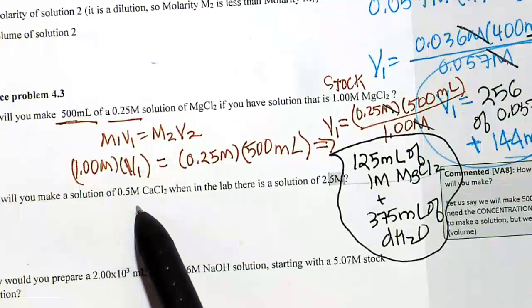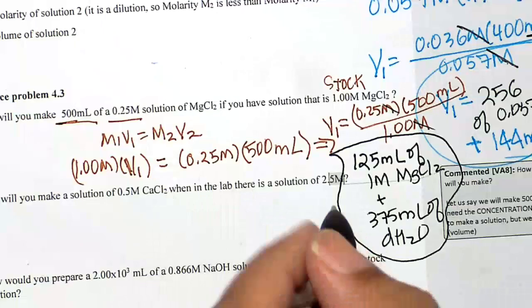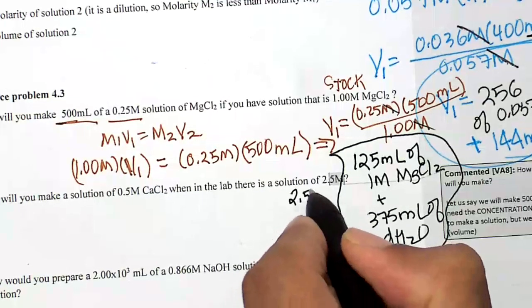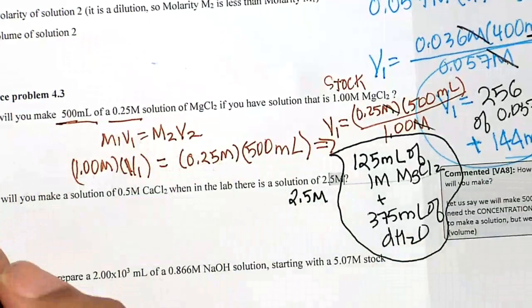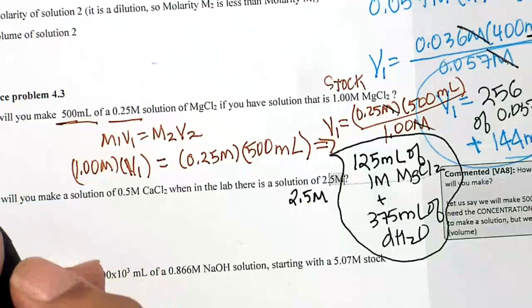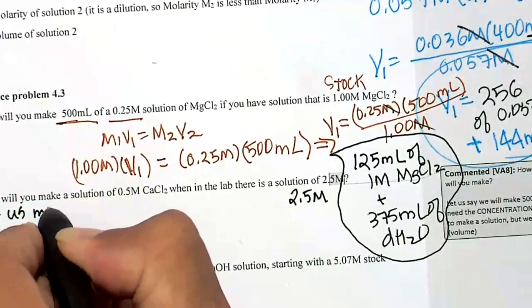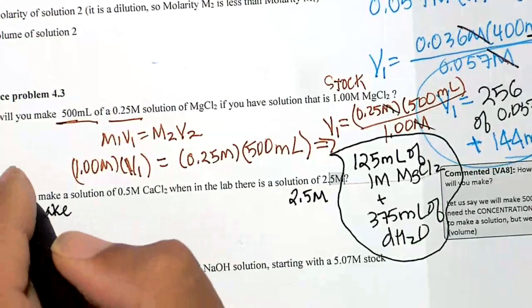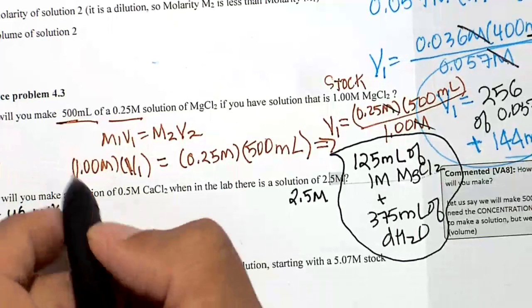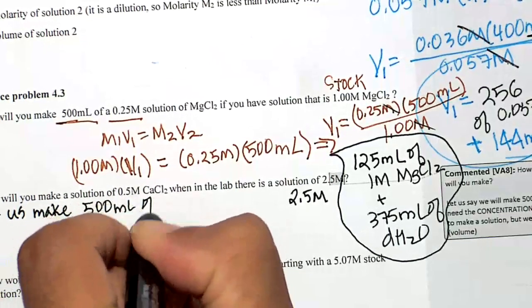All right, how will you make a solution of 0.5 molar calcium chloride when in the lab there's a solution of 2.5 big M? Okay, so we need to find a volume. So let's make, how much do you want to make? Okay, let's make 500 mLs.